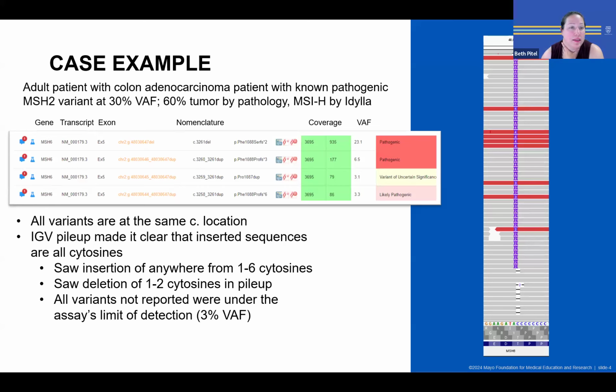Should we say loss of function variants at this locus on MSH6 were identified, and leave it at that? Should we talk a little bit about this variable length insertion and deletion in the report? What are thoughts on that? Or is that too technical?